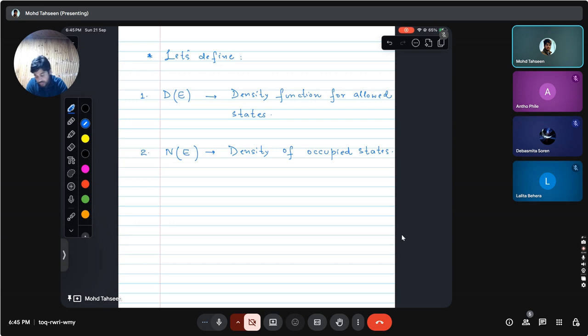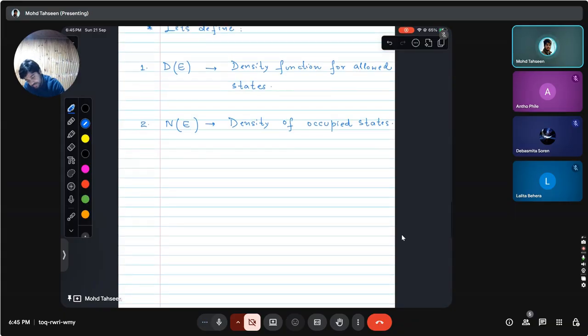How many of these allowed states are occupied for a given energy?